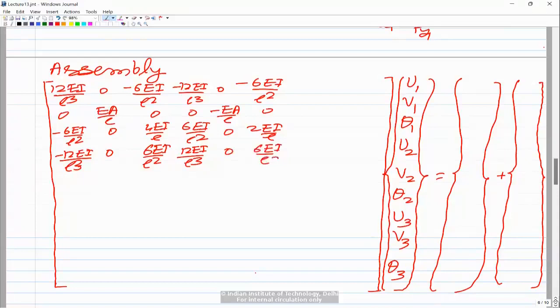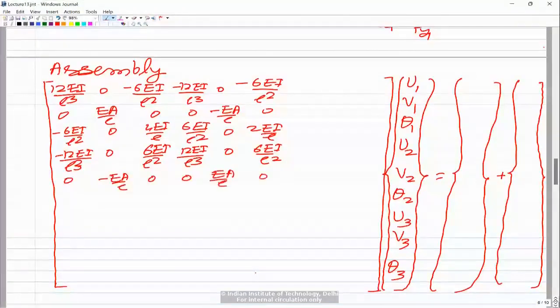So this is for the first element. So I am adding that. So this is basically the 1, 2, 3, 4th, and then let's look at the fifth row. So the fifth row is again 0, minus EA by L, 0, 0, EA by L and 0.